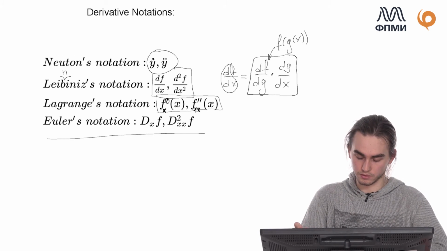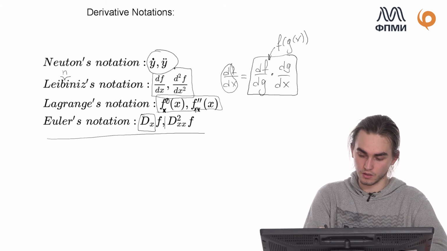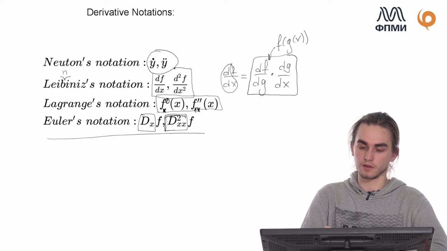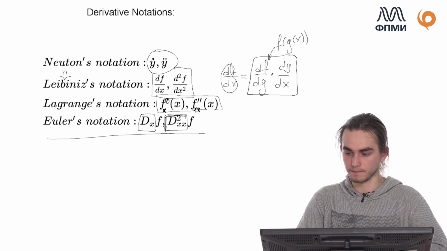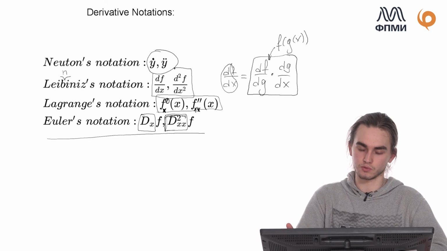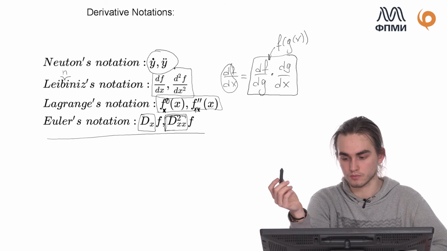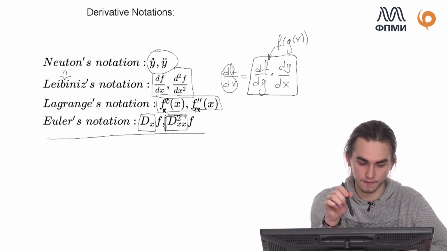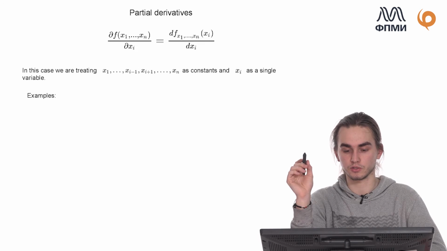Euler worked with operators, so these are basically his operators. They're doing the same stuff, but they can be used to interact with other operators and to produce some funny things. So that's all about notations. Basically, you just need to know they exist. Then we're going to the partial derivatives.